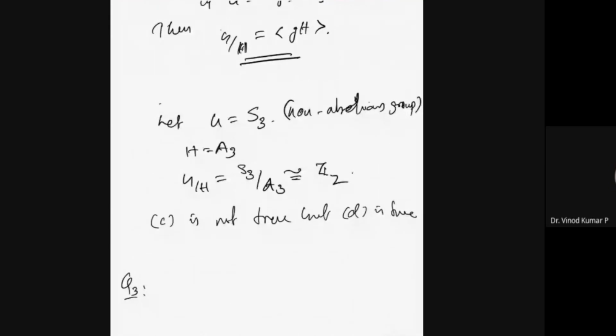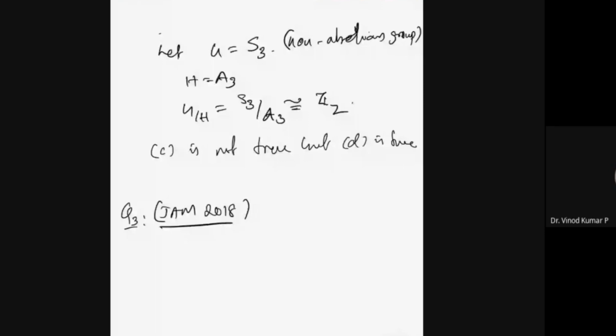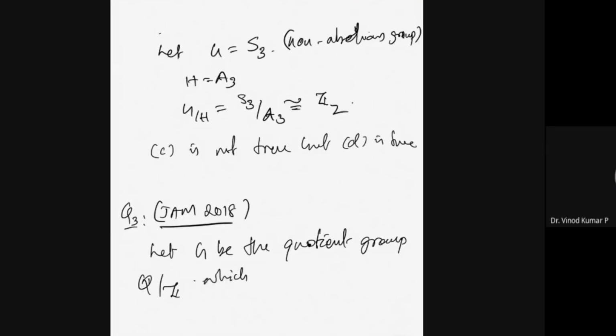This was asked in JAM 2018. Let G be the quotient group Q by Z. Q is the set of rational numbers and Z is the set of integers. Which of the following statements are true?